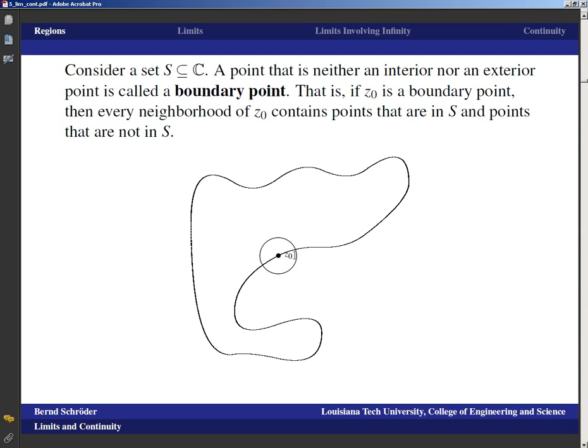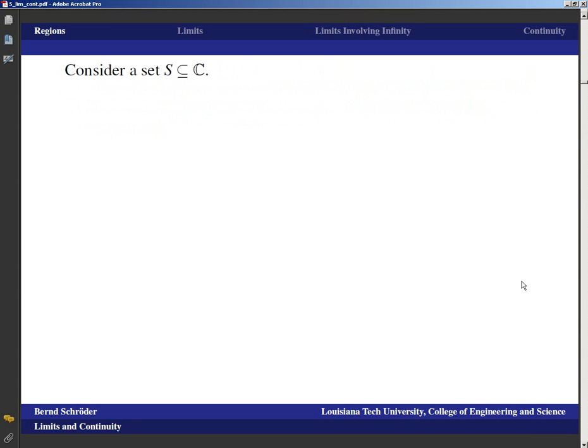And the idea then for a boundary point z0 is that no matter how small a circle we draw around this thing, there will always be some points in S and some points outside of S that are inside that circle. So that's what it means to be a boundary point.